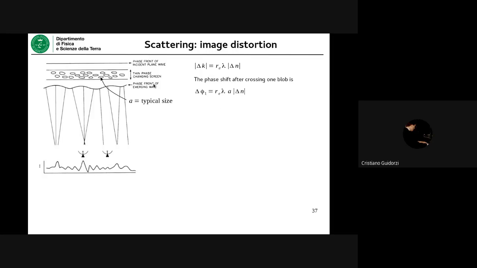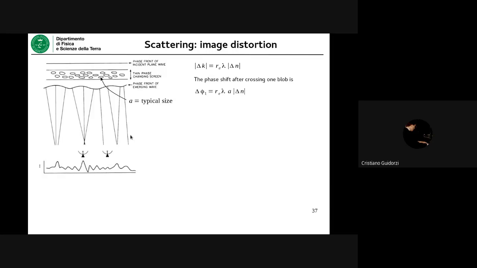But you can imagine that while a tells us about the typical size of one single blob, this screen is made up of several blobs.